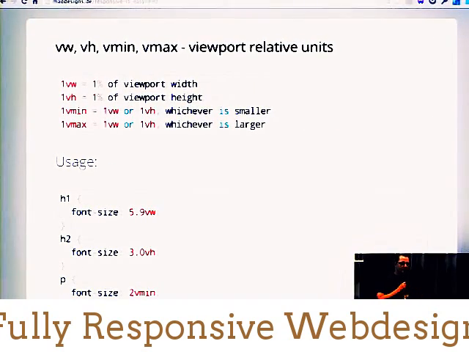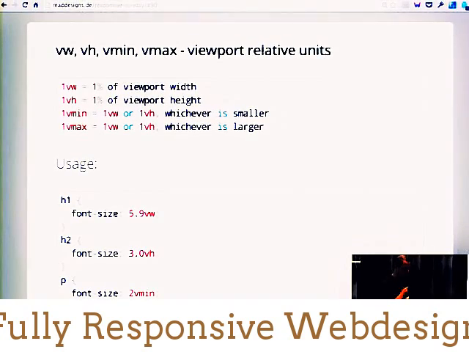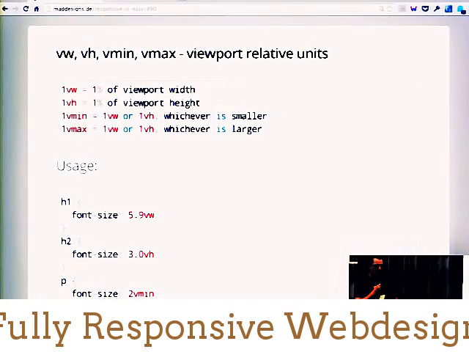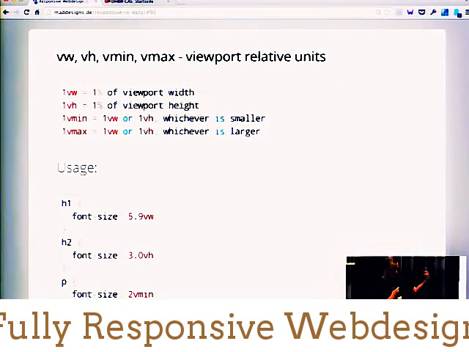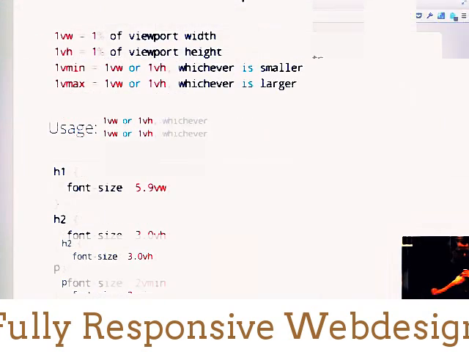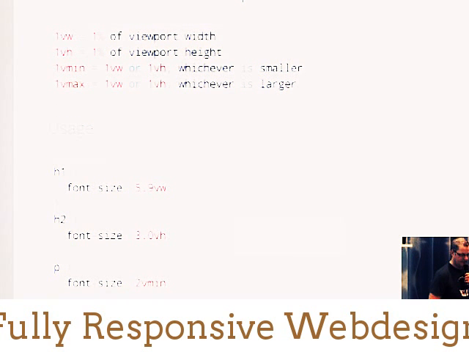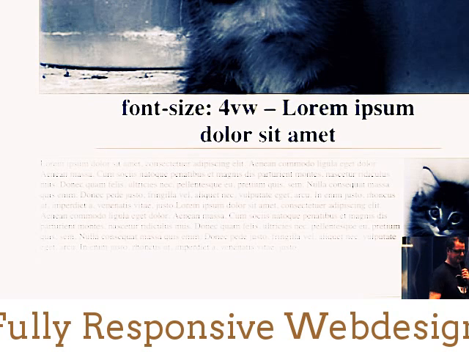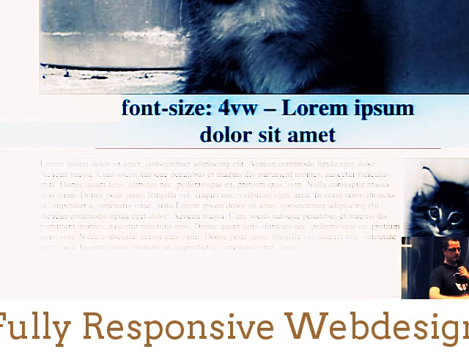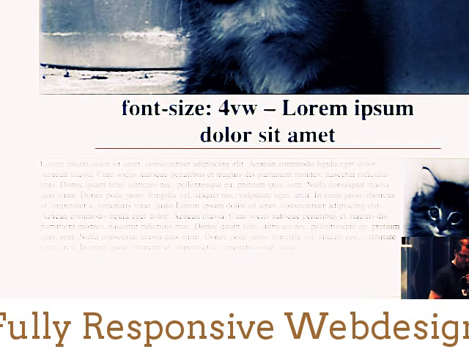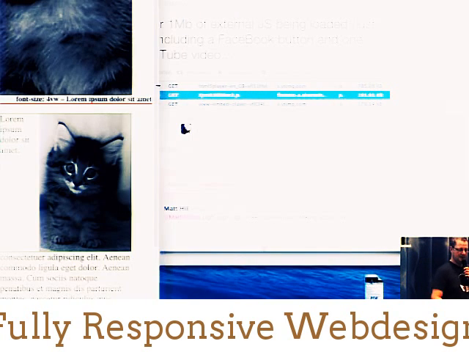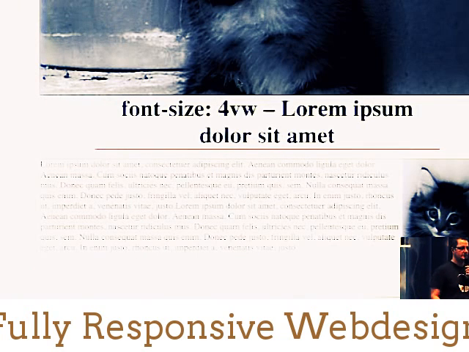Some other new values: now we have viewport relative units. We can have font size based on the viewport. Look at this example here. You see this font size is 4VW, and you see the font size adapts to the screen size.